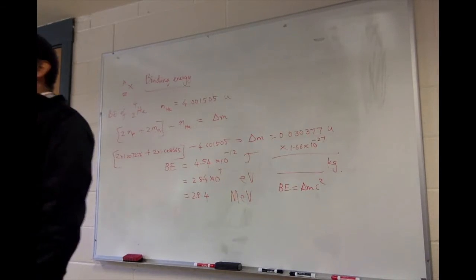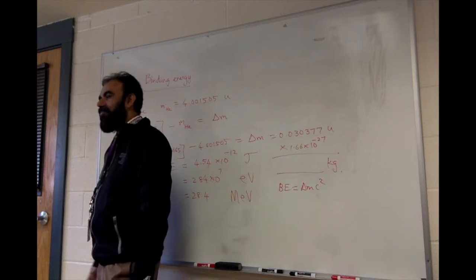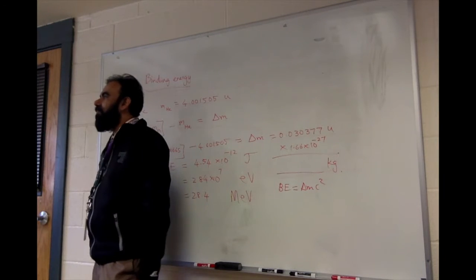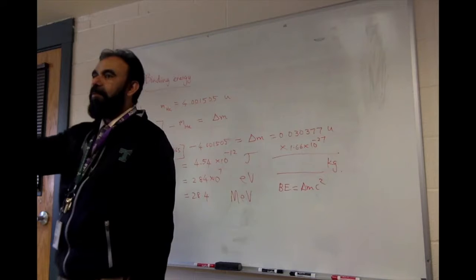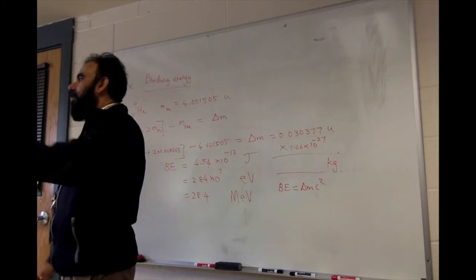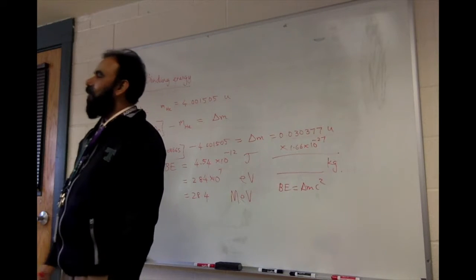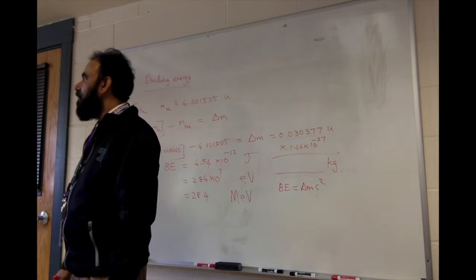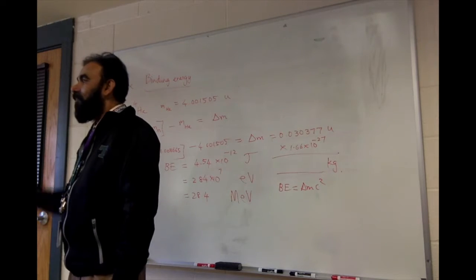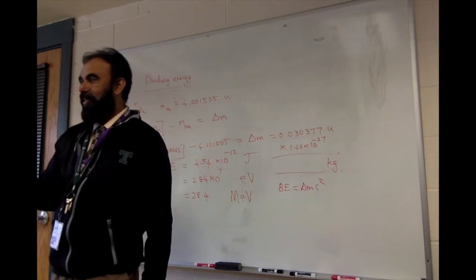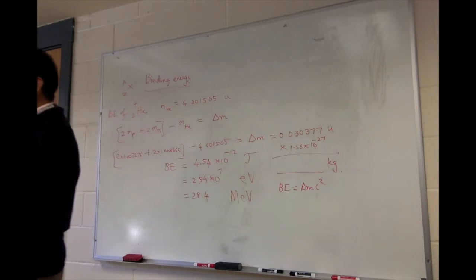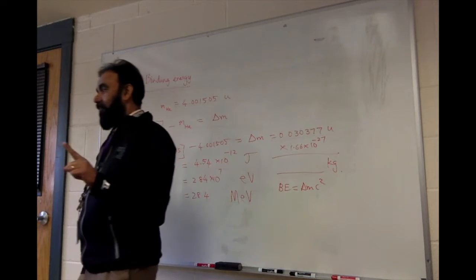He's collecting $10 from each member, and there are 2,000 students, let's say. How much is the total binding energy? 20,000. So the whole school's binding energy is 20,000, whereas your class club is 8,000.